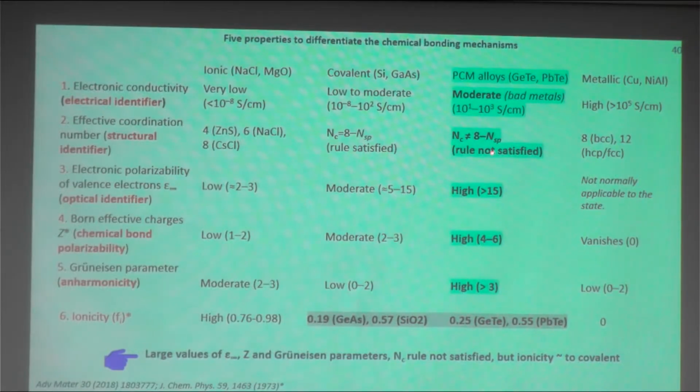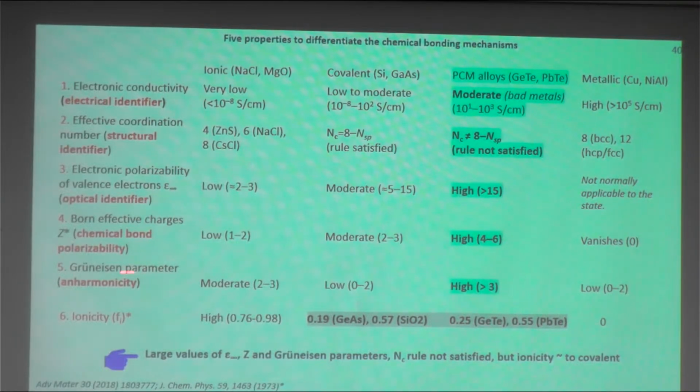And this is a number of s and p electrons. For electron polarizability, they have very high electron polarizability, as we have seen. The others show ionic low or covalent moderate. Metallic is normally not applicable. Born effective charges: for ionic it's low, for covalent moderate, and again for PCM high.